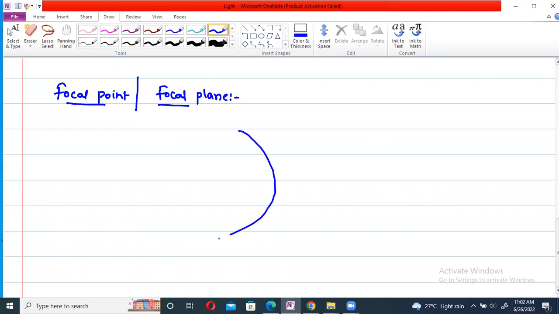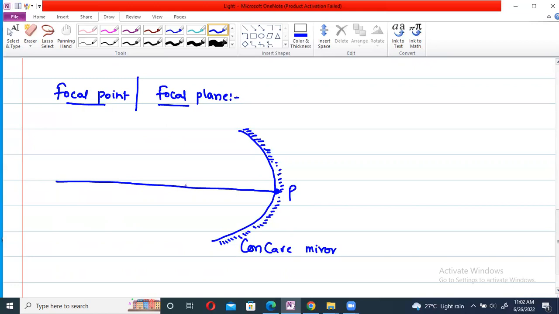Suppose this is a mirror, and obviously this mirror is called a concave mirror. On this concave mirror, the center is called the pole P, and this is a line which I have drawn here.